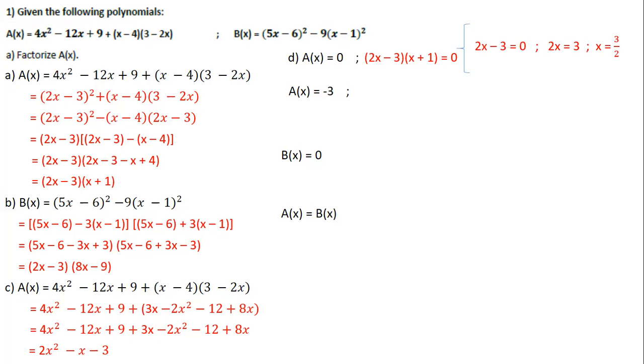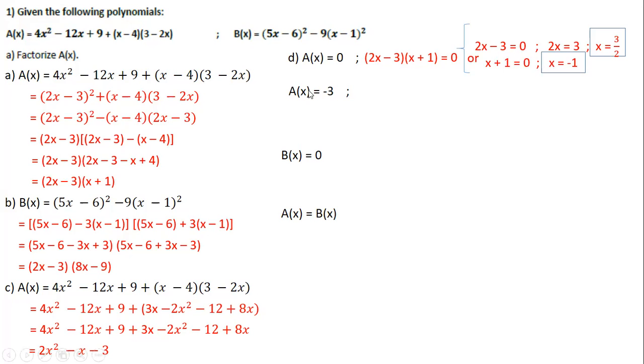Did you remember it now? Yeah, I remember it now. Or x plus 1 is equal to 0, so x equals minus 1. So it has two solutions, x equal 3 over 2 or x is equal to minus 1, right? Yeah. Okay, stay with me, Amir.